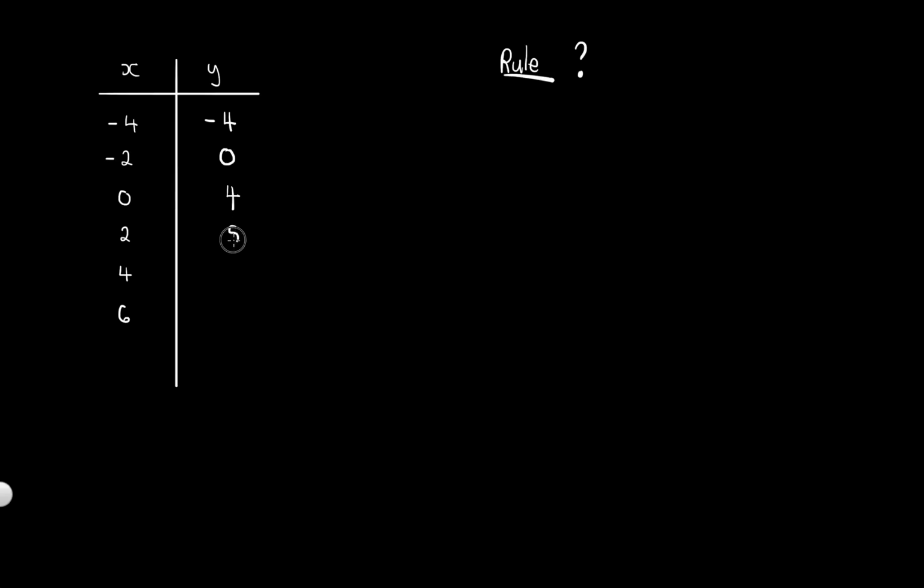Next one will be 8, 12, and 16. So I'm doing the same thing to each one of these numbers to get the corresponding y value. Now, you could sit here and try to work out by trial and error what you think it is. Some of you might already know what the rule is.